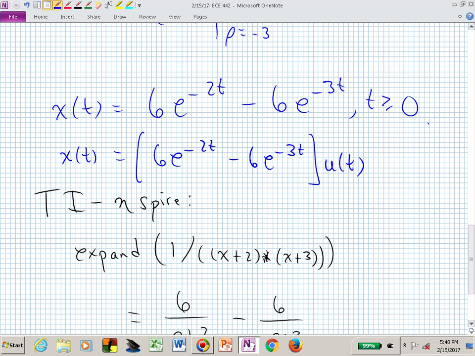Is that what the question was? Is little x of t the same when I multiply everything by the unit step versus saying t greater than or equal to 0? Is that equivalent?